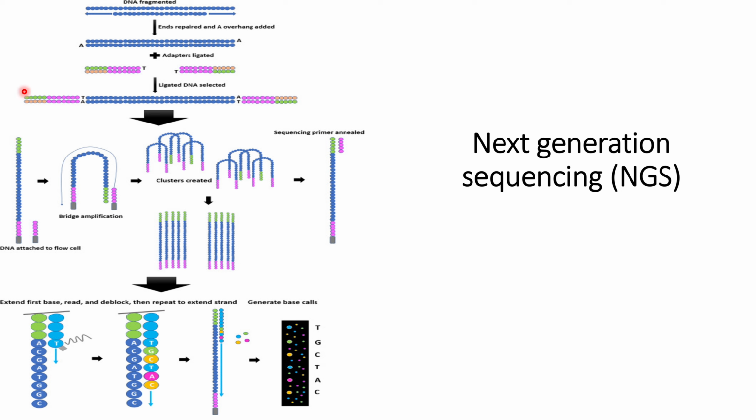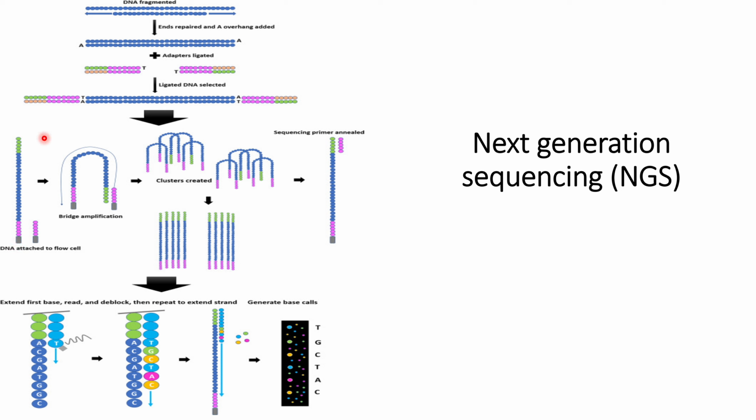And when this DNA fragment ligated with adapters and barcode is added to the flow cells, the adapters will bind to the oligos that are present on the flow cells, and it can form a shape like this.